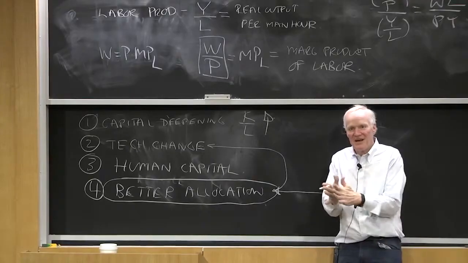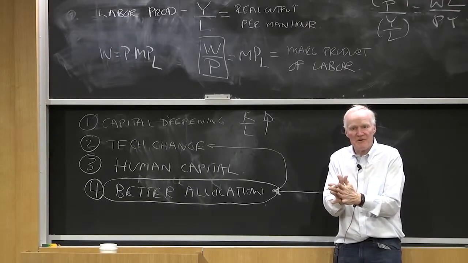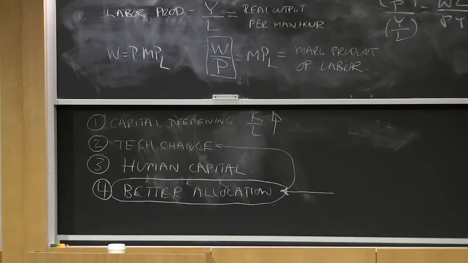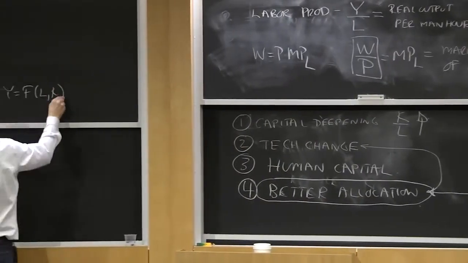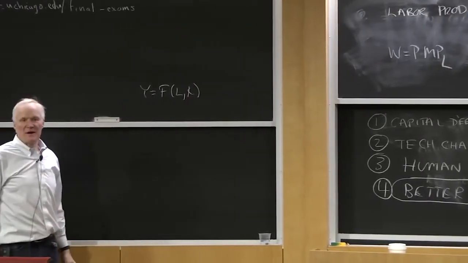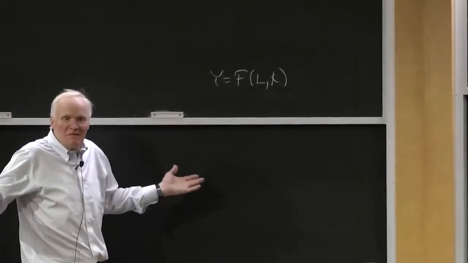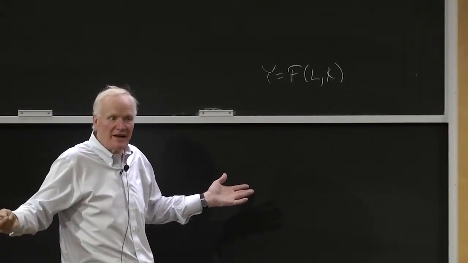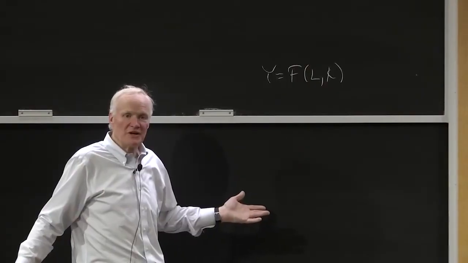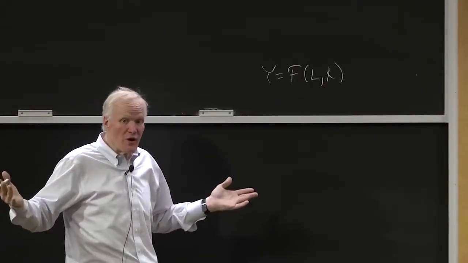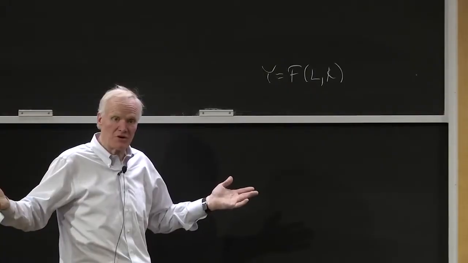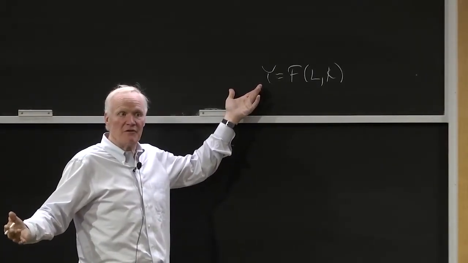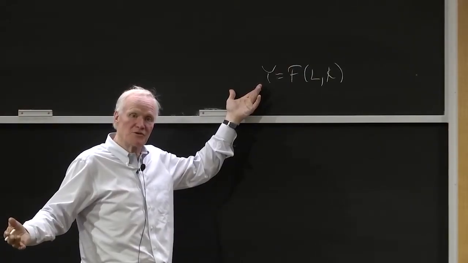So these things, it's like production in general, right? When I write down y equals f of L and K, how much of that output was produced by labor and how much was produced by capital? Well, it's almost like a nonsensical question, right? You really can't say how much was produced by each. You could say how much each would get rewarded in a competitive market where they get paid their marginal products, but there's no sense in which you can say some of it was produced by capital, some of it was produced by labor.